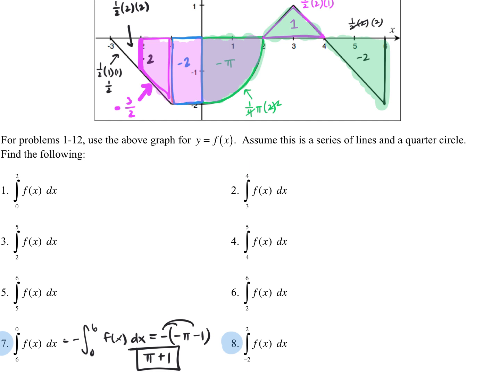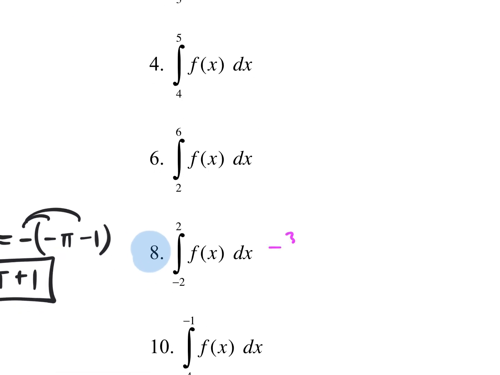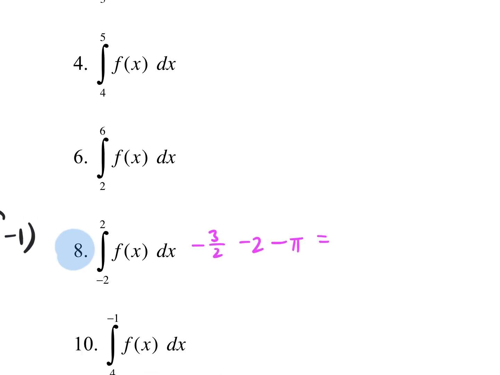So I've got a -3/2, a -2, and a -pi. And if I add all those things together, I would end up with -7/2 minus pi.